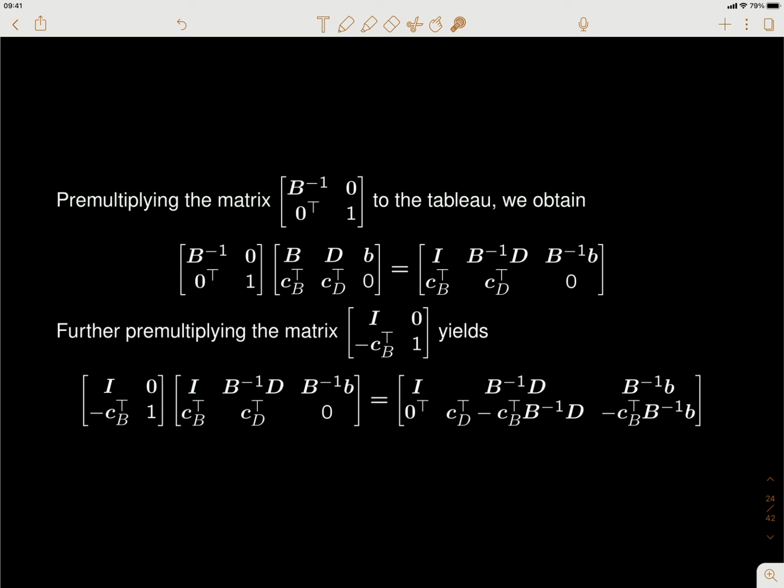But when I multiply this row and this column, this times I plus 1 times this gives us 0, and then this times this plus 1 times C_D gives us this, and this times this plus this times 0 gives us this.